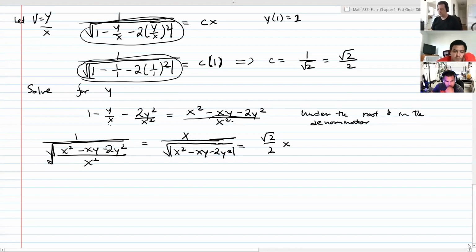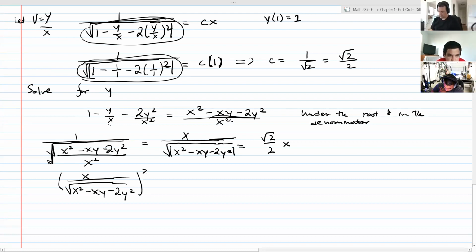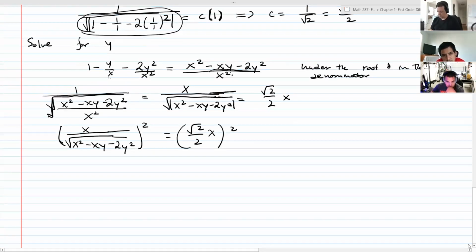So now I'm going to square both sides. I'm going to get x over the square root of x squared minus xy minus 2y squared, squared, equals root 2 over 2 squared times x squared, which is equal to just 1/2 x squared.